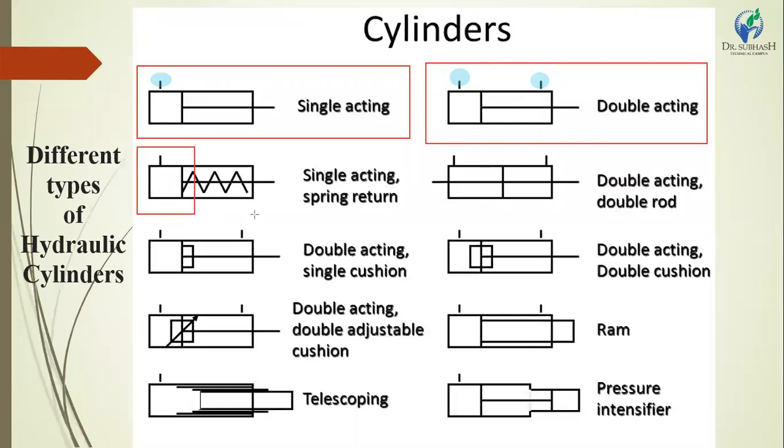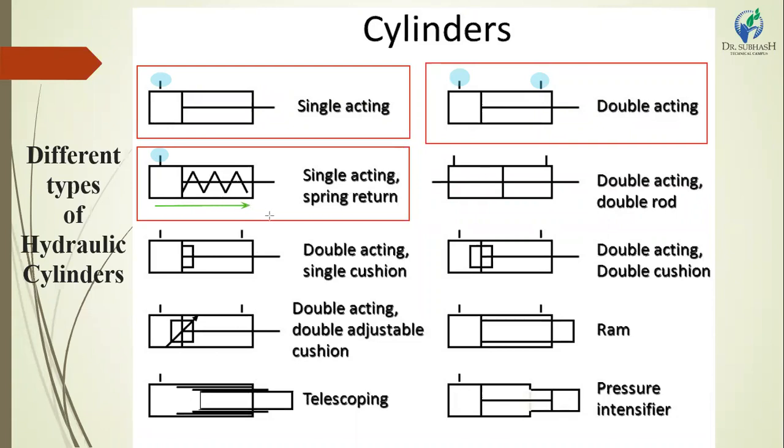The next is a single acting cylinder with a return spring. The first is a single acting cylinder but no return parameter is given. Here the single acting cylinder is drawn with a spring. In the first stroke the inlet is given from this side and the piston moves to the right side.